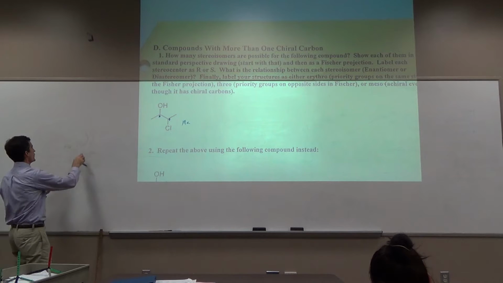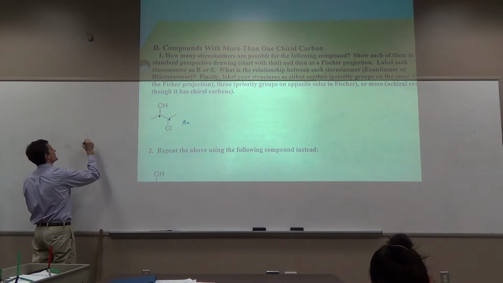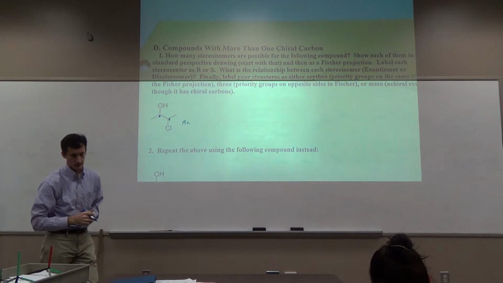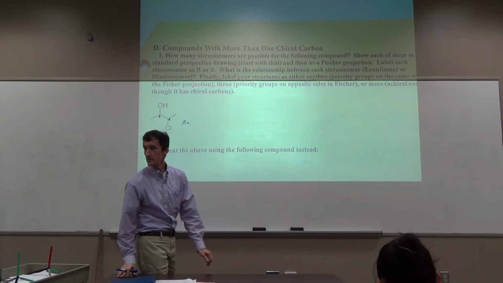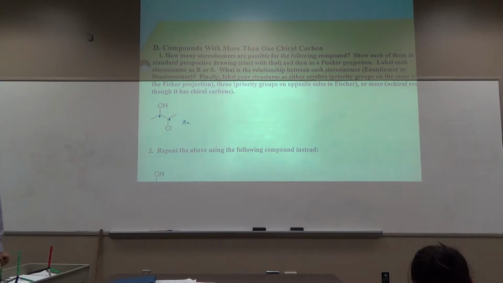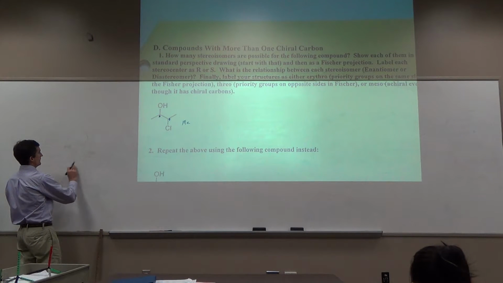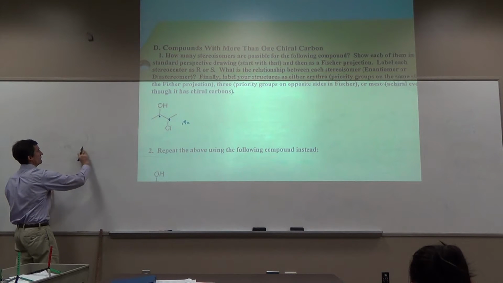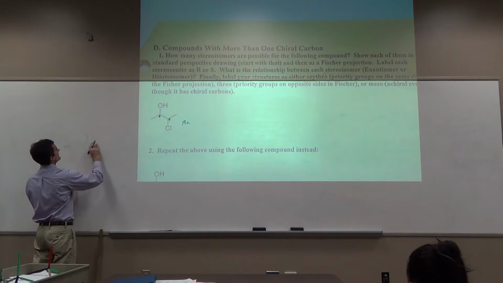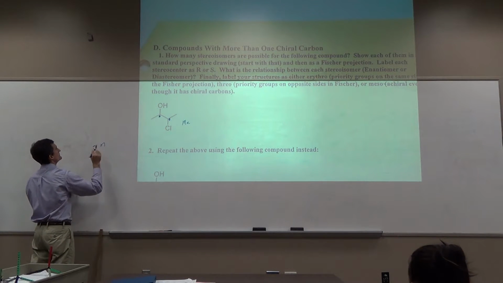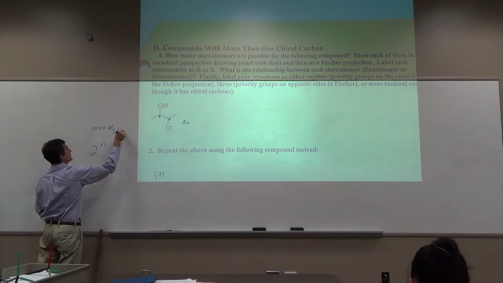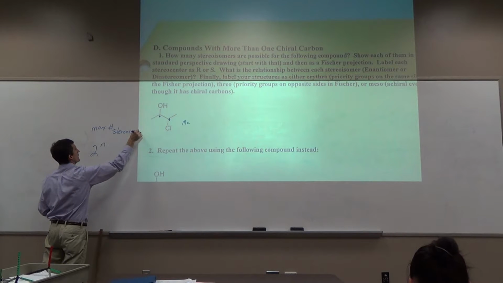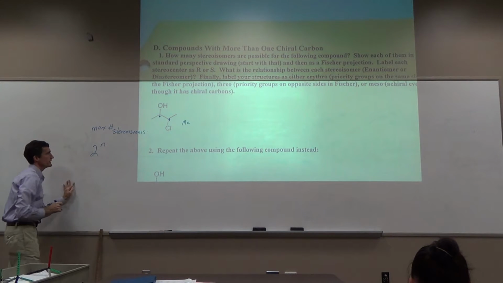Now here I give you a formula. Number of stereoisomers, does it say maximum number of stereoisomers? Stereoisomers are possible to follow a process. The answer is 2 to the n, the maximum number of stereoisomers. 2 to the n.